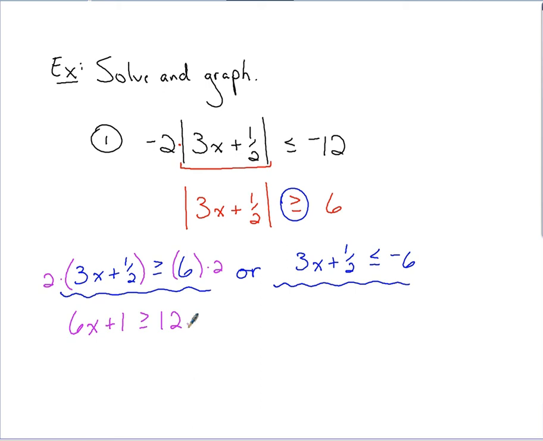And as long as I'm at it, I might as well work with this one too. Multiply 2 through. You get 6x plus 1 less than or equal to -12.